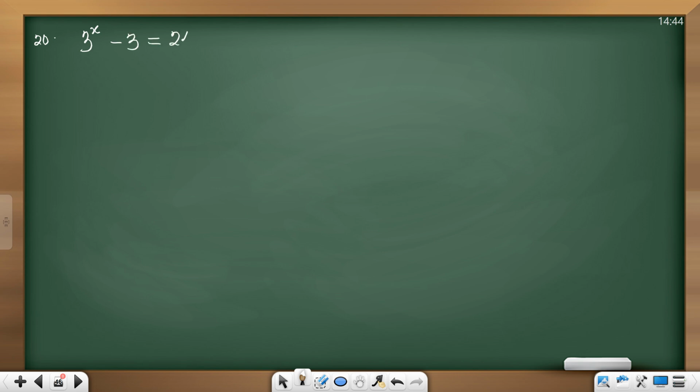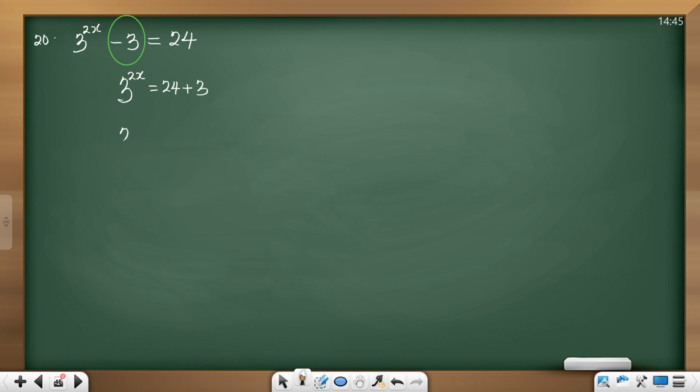Let's look at this. Sorry, just want to change something here. 3 to the power 2x, 24. Okay, let's see. So I want to keep my exponent on one side. So I've got to get rid of this negative 3 by reversing the operation. And it becomes a positive.